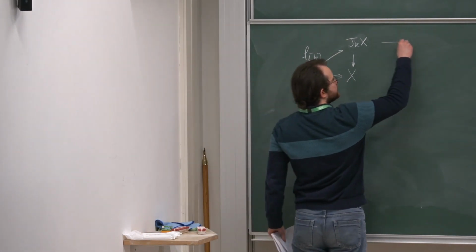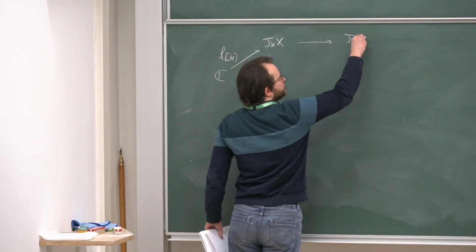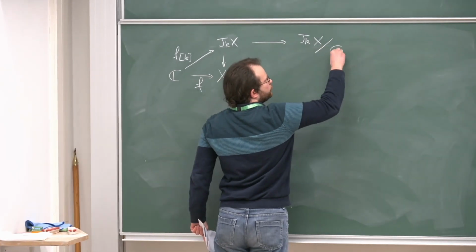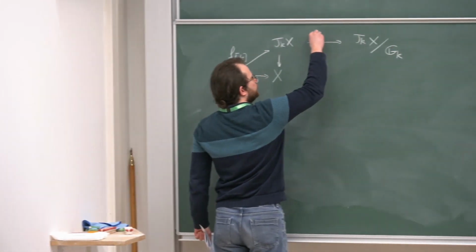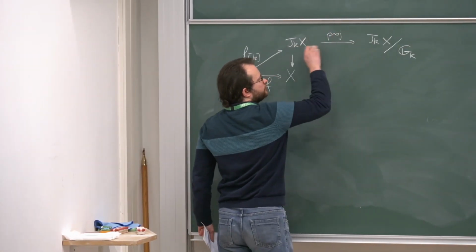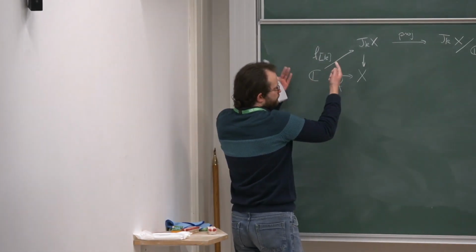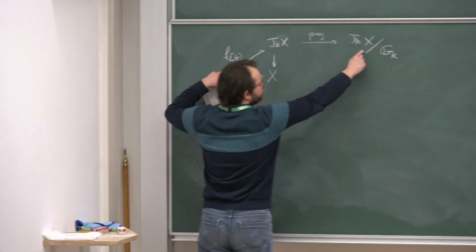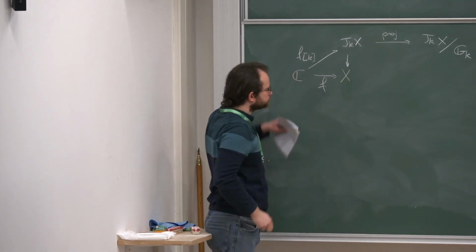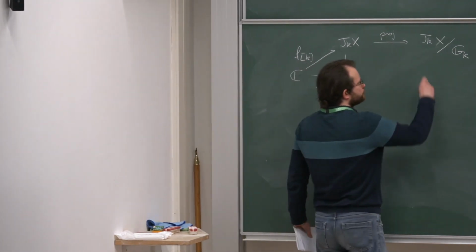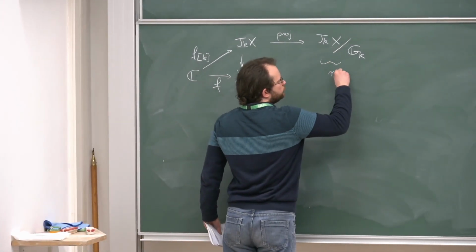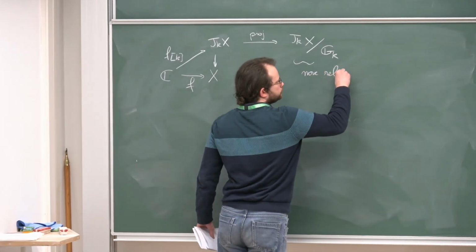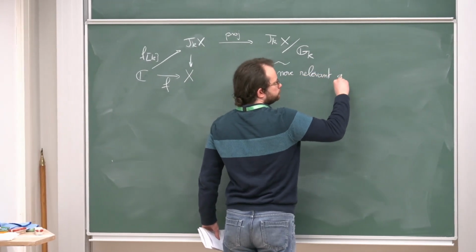And so it means that the more relevant geometric object would rather be the quotient. So you would have a projection like that, and what would be very interesting is rather this map rather than that map. So this seems to be a more relevant geometric object somehow.